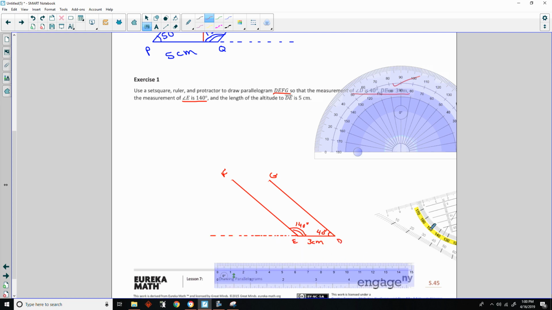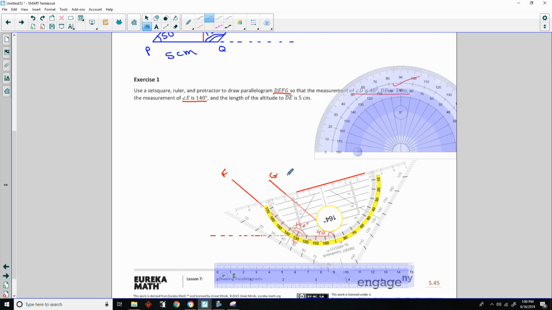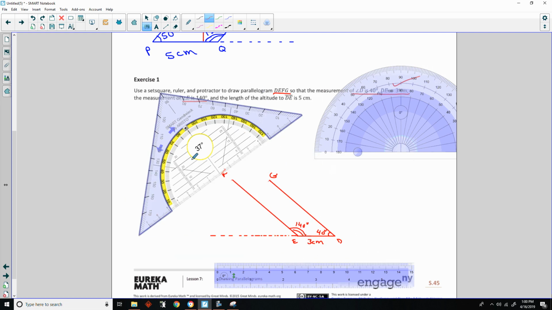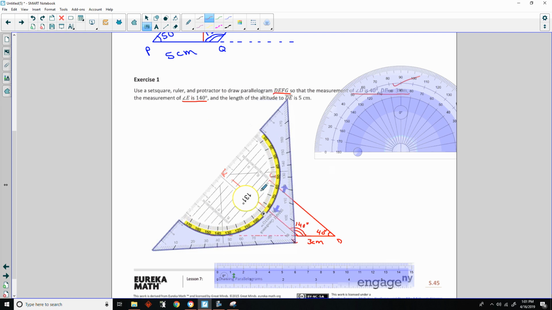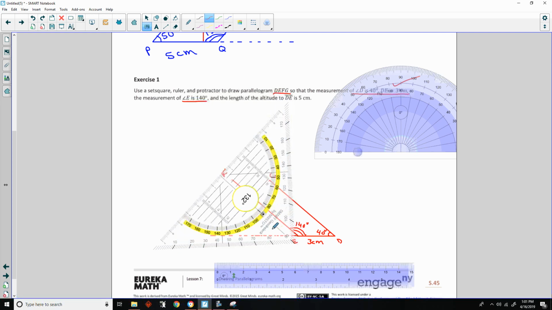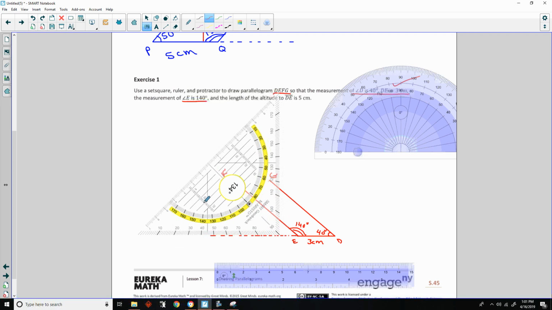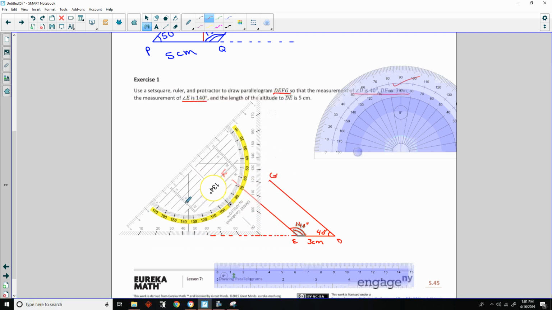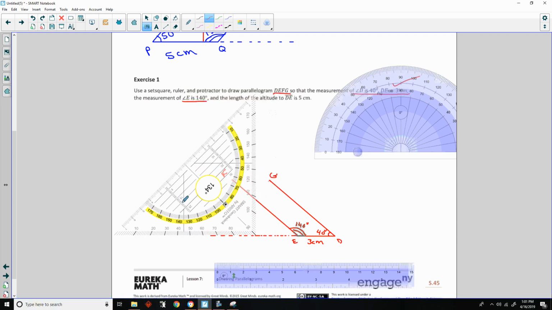All right. Now I take my square, rotate it so that I'm going to be able to put this right on my dotted line here and draw a vertical line right here.